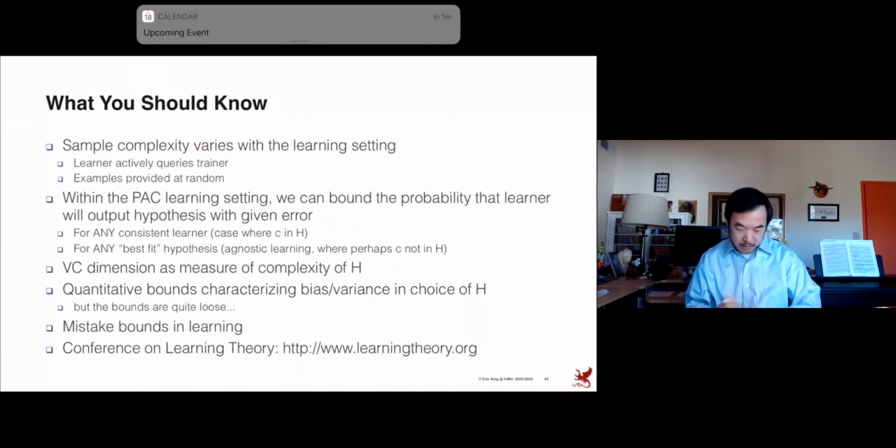Okay, I think we are at the end of the lecture. Here are some take-home messages for the two learning theory lectures. First of all, you want to recognize that the sample complexity analysis can vary depending on different learning settings, whether it is PAC learning, or agnostic learning, or learning with an infinite hypothesis space, right?